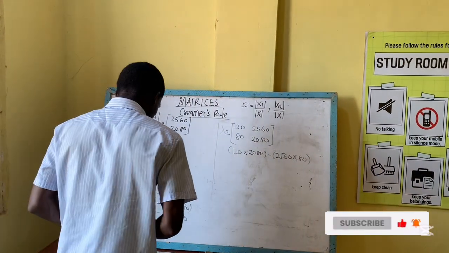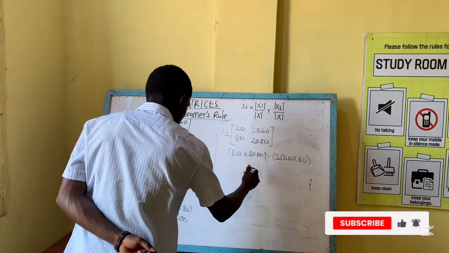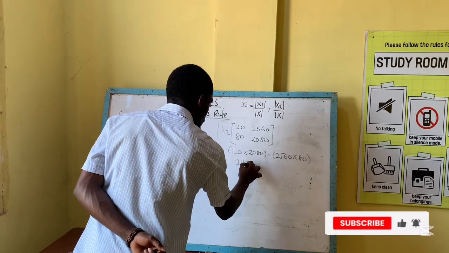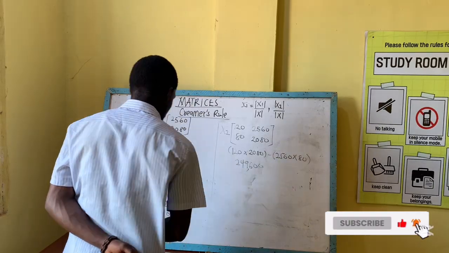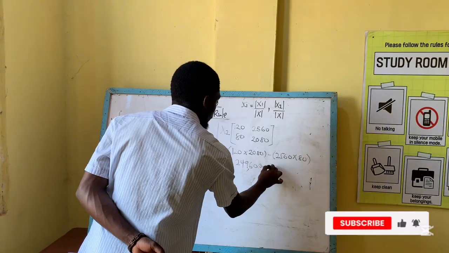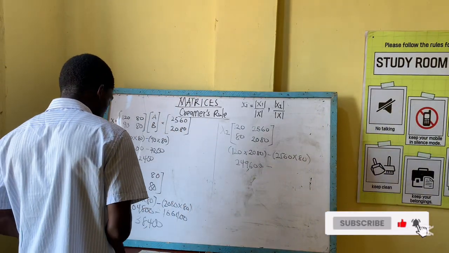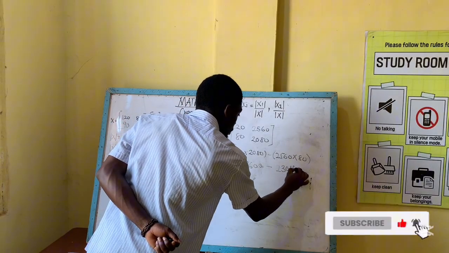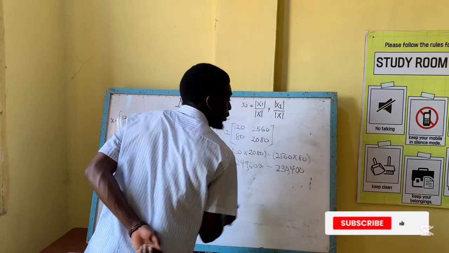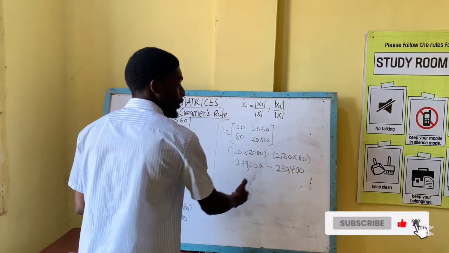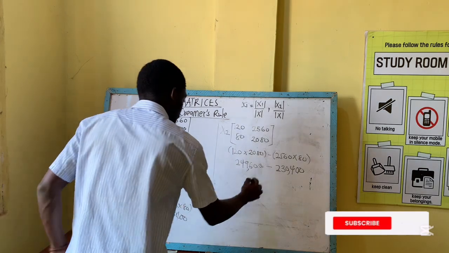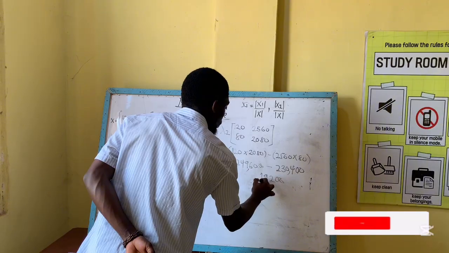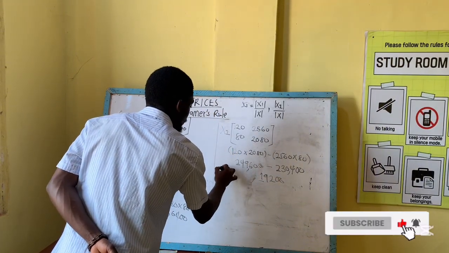That gives us 249,600, minus 2,560 times 80, which gives us 204,800. After that, you strike your difference, which gives us 19,200. So our determinant for matrix X2 is 19,200.